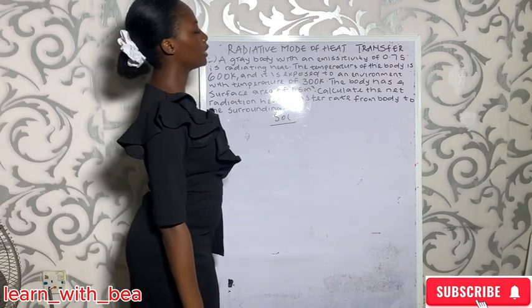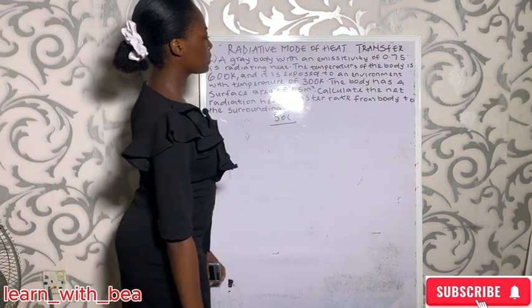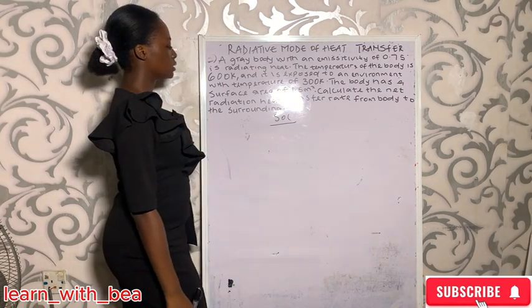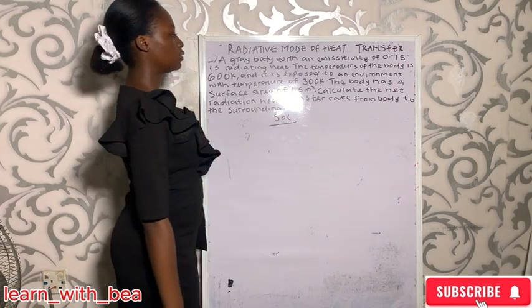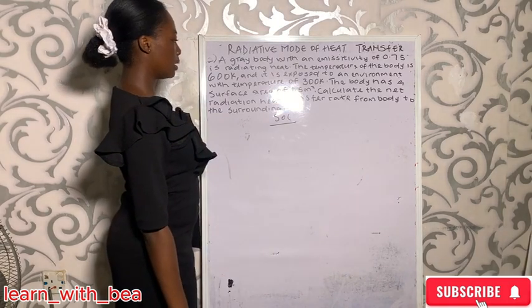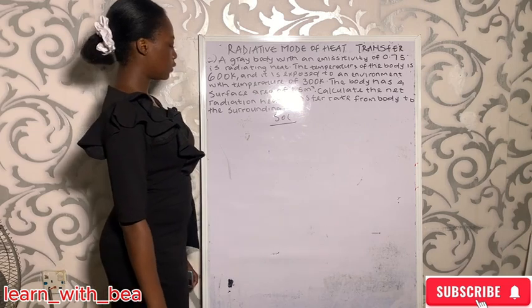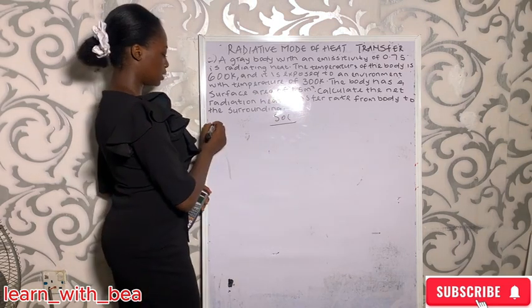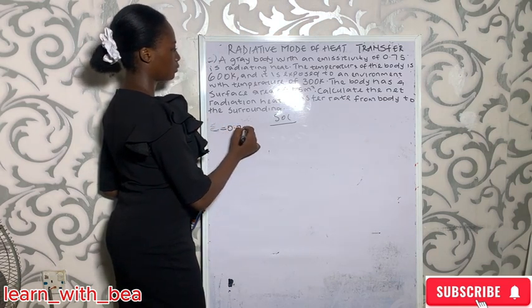A gray body with an emissivity of 0.75 is radiating heat. The temperature of the body is 600 Kelvin and it is exposed to an environment with temperature of 300 Kelvin. The body has a surface area of 1.5 meters squared. Calculate the net radiation heat transfer rate from the body to the surroundings. So we're given our emissivity to be equal to 0.75.